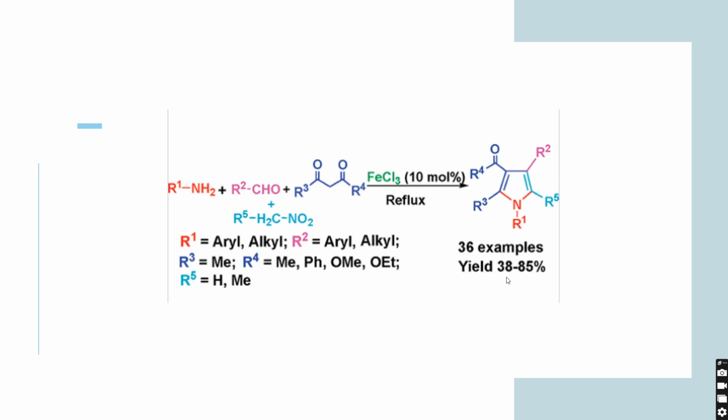It is in general very difficult to get fully substituted pyrroles or furans, but this particular reaction is giving us this desired product with 38 to 85% yield depending on the substituents, and the reaction is catalyzed by ferric chloride, which is present in only 10 mole percent amount. Okay, so let us look at the reaction mechanism, which is going to be very, very interesting for this reaction.